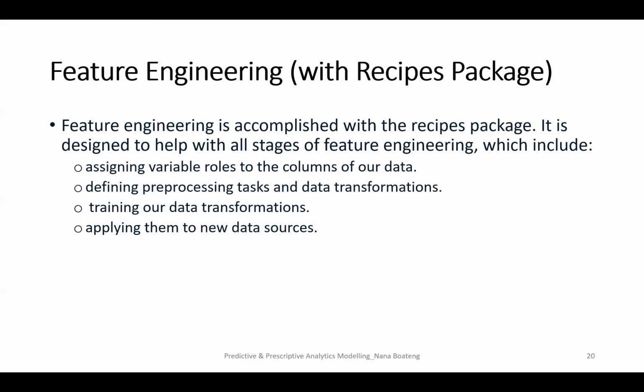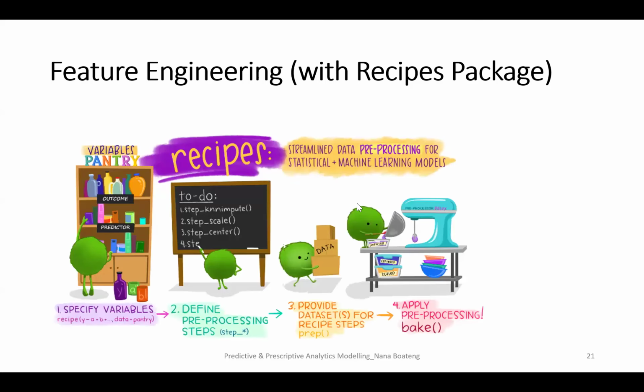Here, basically, we are specifying our variables. This is the recipes package. We define the pre-processing steps using a function called step. You will see them shortly. Whenever you use the step function, these are the pre-processing steps it is taking.